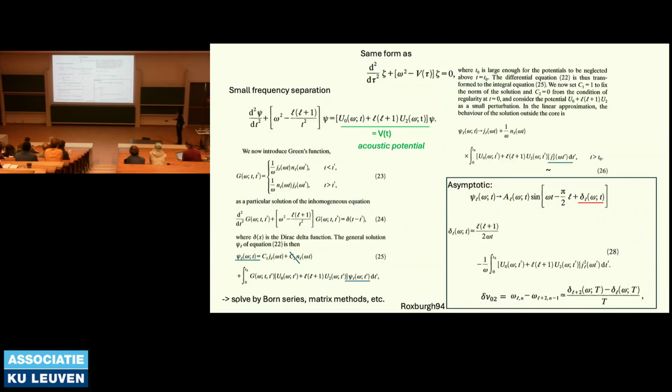So after we get this solution, ignore all of this and just focus on this rectangle here. We can do some asymptotic analysis for this solution, write down the solution in the sine function and get this phase shift, delta. This phase shift is directly related to the small separation, delta nu 02, or you can say delta 01 also. So essentially, we have a closed expression for the small separation.